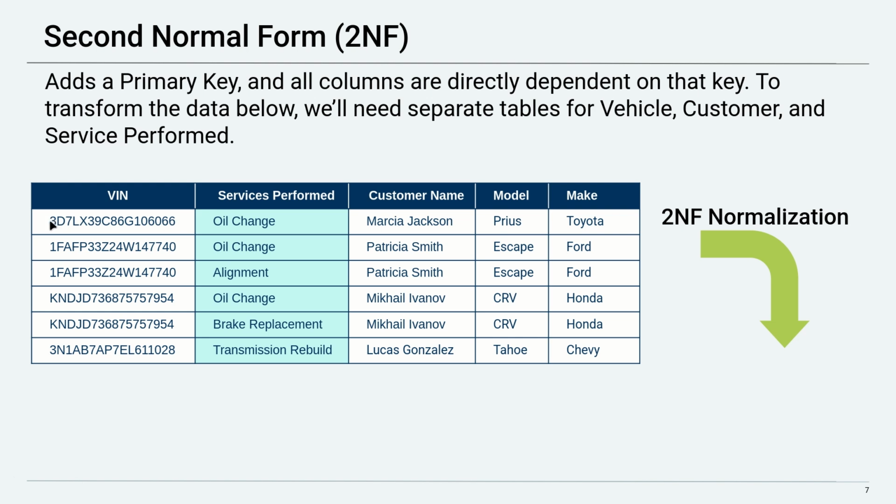So in this case, we've got a little bit of a problem. This 1FA FP33Z is Patricia's Escape. I'm not worrying about the fact that her car changed all of a sudden. But Patricia's car shows up in multiple different rows.